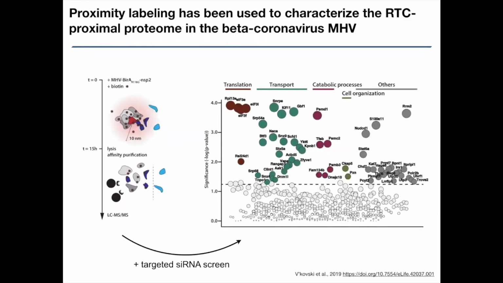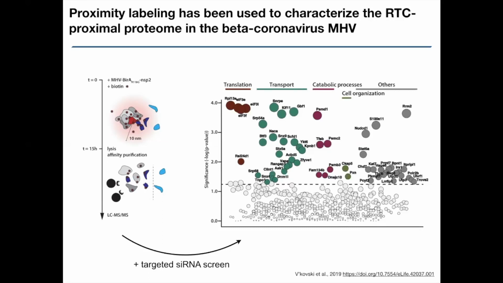So there's also been recent work to try and identify what are the components of the proteome basically associated with these replication and transcription complexes. And this has been studied with the mouse coronavirus MHV using a proximity labeling based approach involving the biotin ligase BioID, which was fused in the context of the virus to one of these replicase proteins, NSP2, known to locate within these replication compartments.